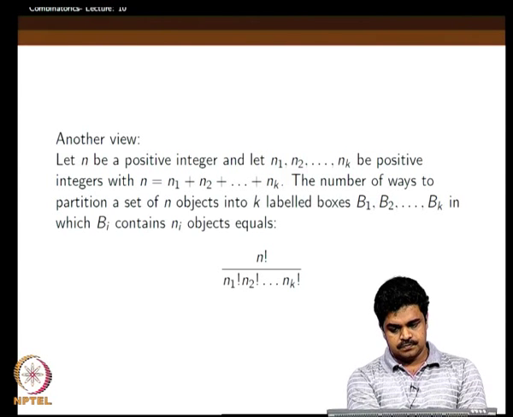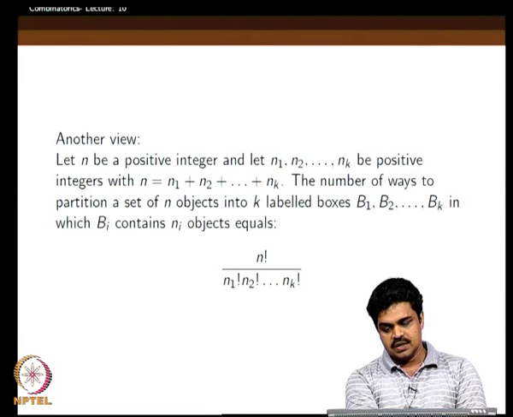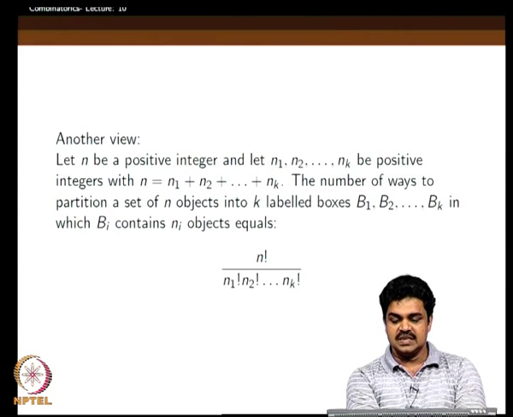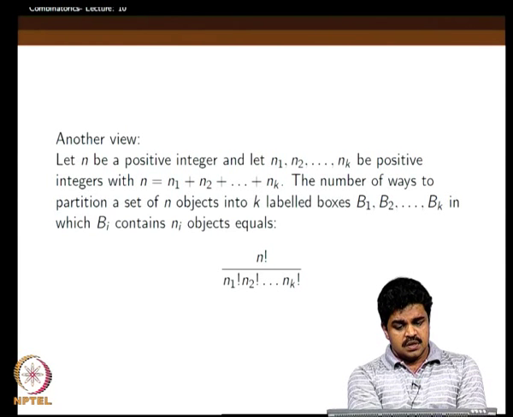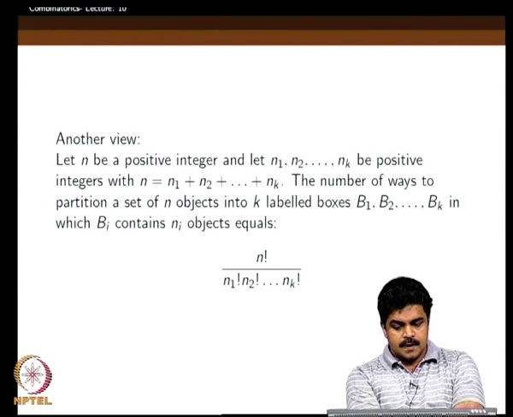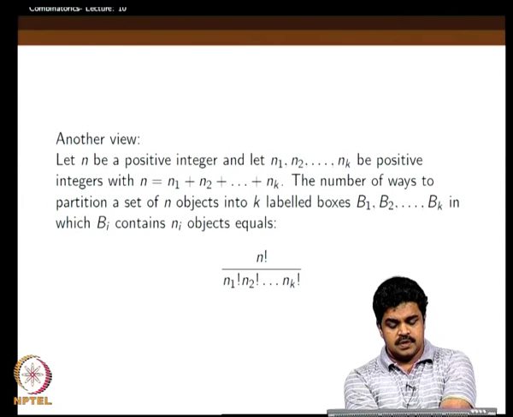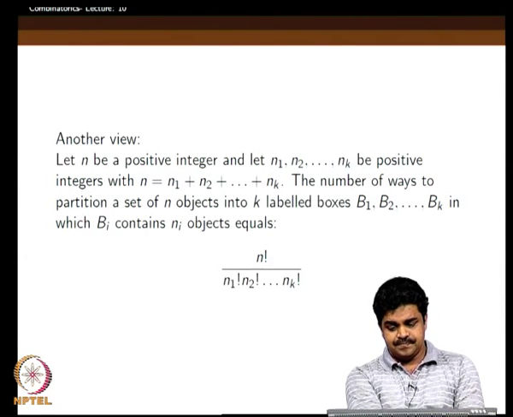Or another way, we just said we want n objects to be listed, instead of using the multiset terminology. Now, we say we have n objects and we have to place them.